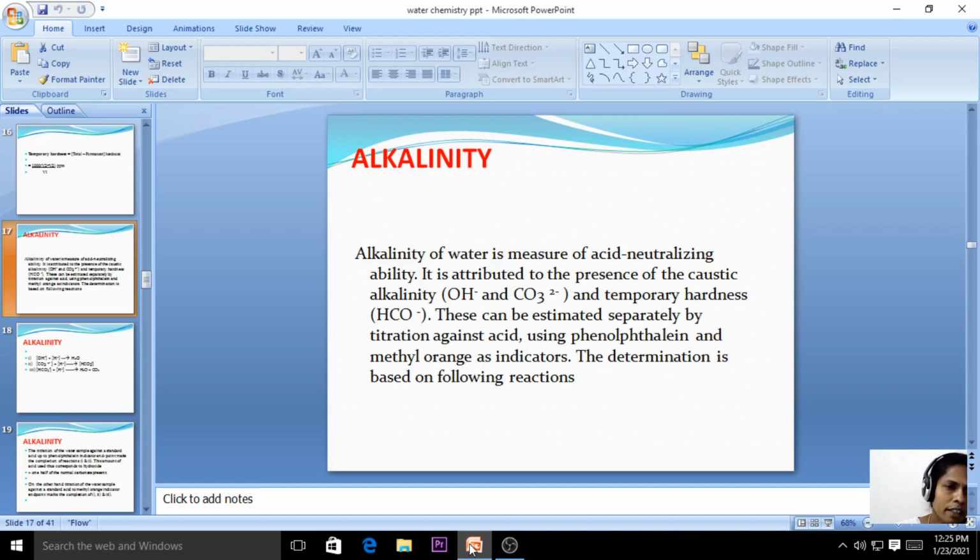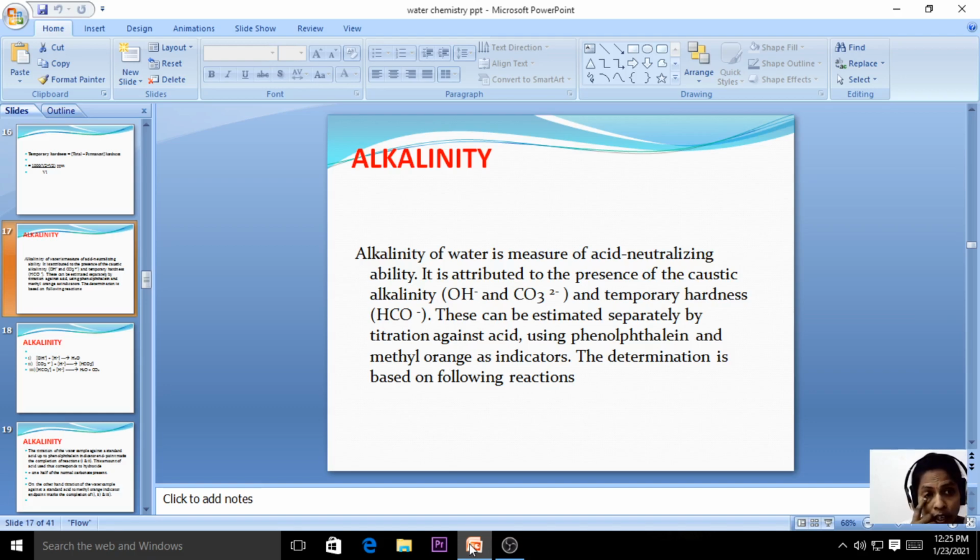So how do we find the acidity? Acidity can be determined by titrating with the base solution. So acidity is determined by titrating with the base, and basicity is found by titrating with the acid. So acid has the neutralizing capacity of base, and base also has the capacity of neutralizing acid.